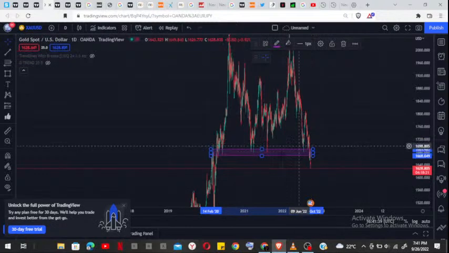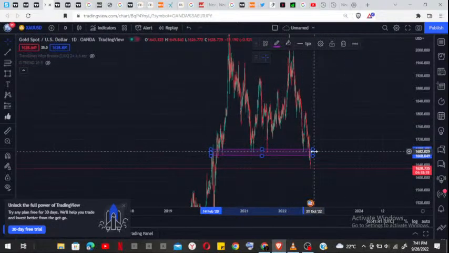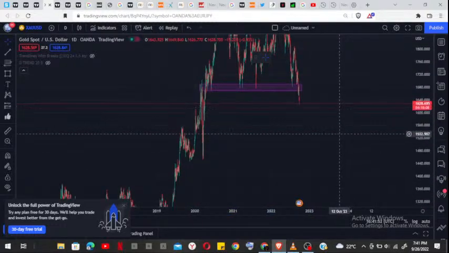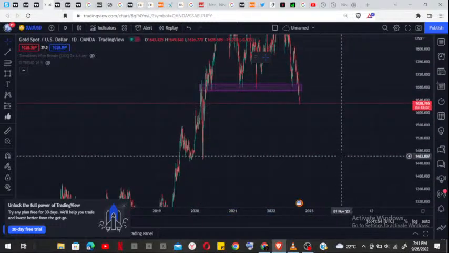Most people thought that when this happened, we're going to have a buying market going upward, but then that never really happened. It started dropping. So clearly at the moment we have different zones of interest.